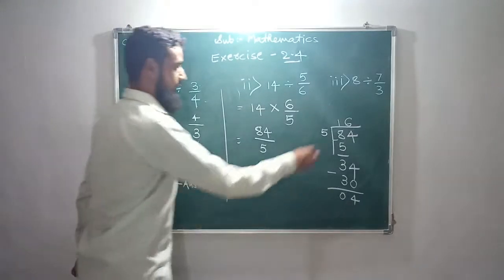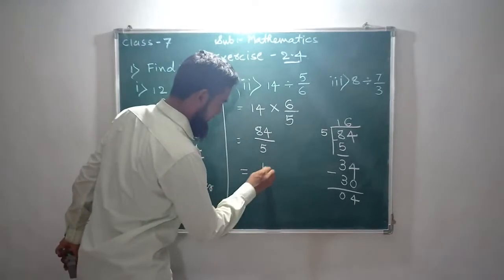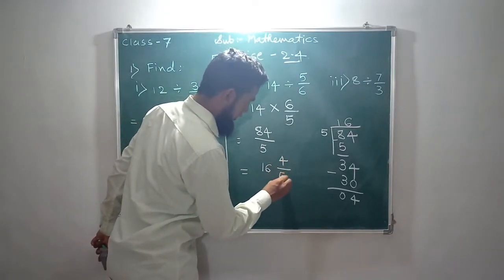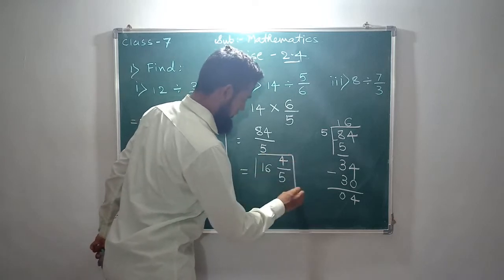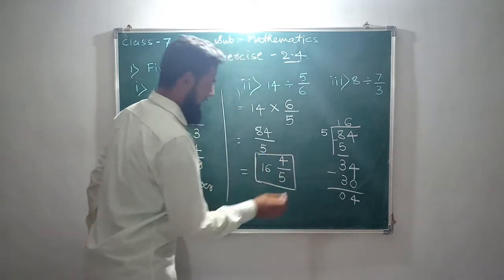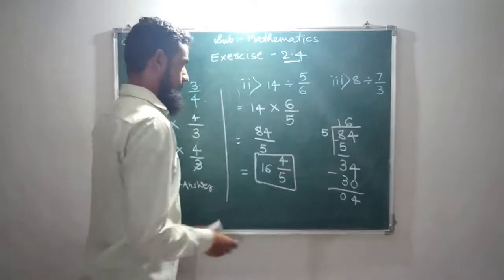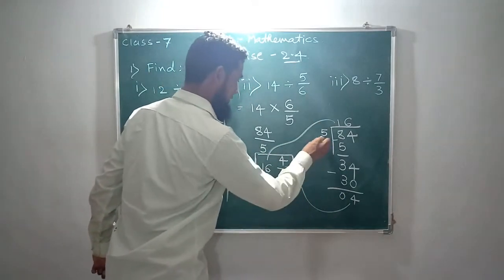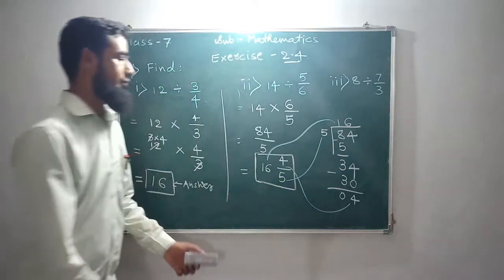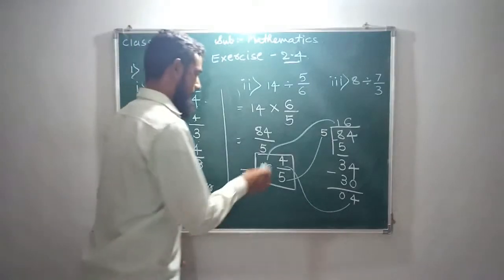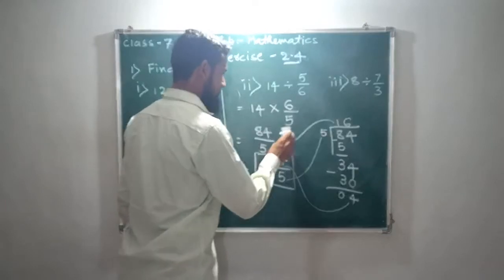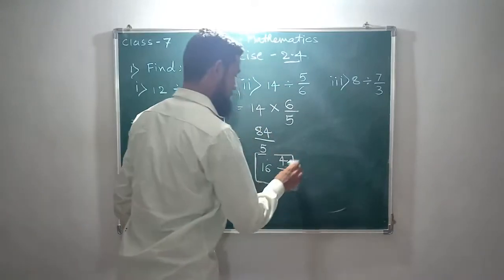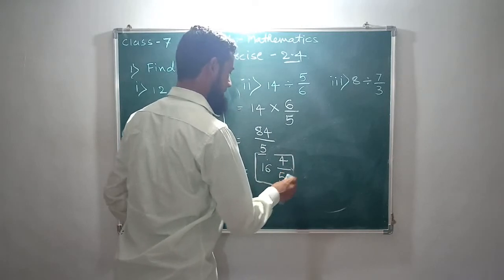The answer is 16 integer 4 upon 5. Beta, this is your answer. This 16, 4 upon 5, integer and fraction. Understood? Clear? So there is no need to write anything else in the CW book, only this.